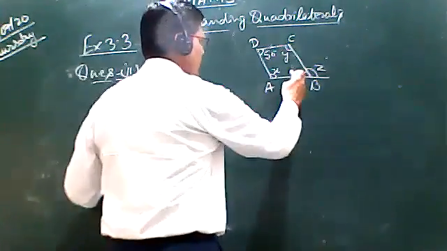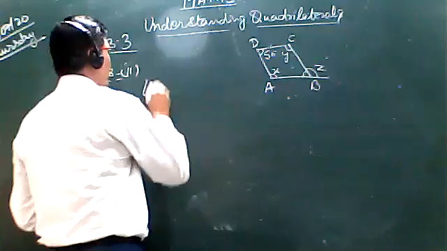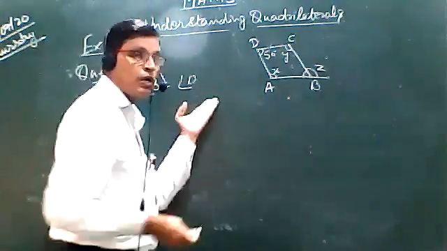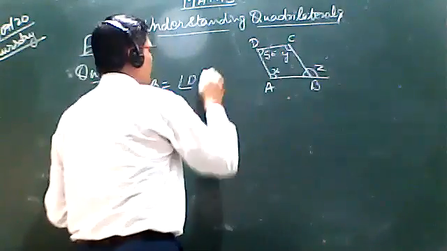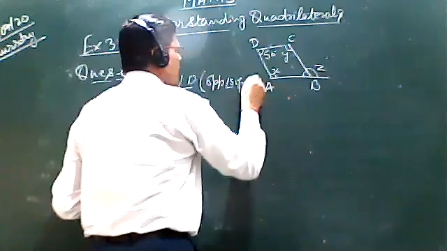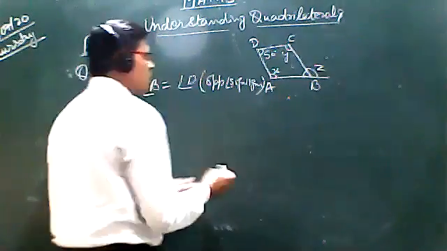And we know angle B is equal to angle D. Why? Because opposite angles of a parallelogram are equal.